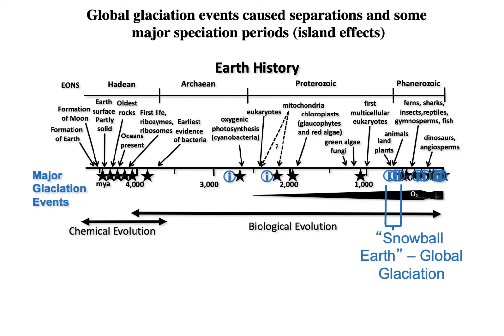So from time to time on Earth, there were times where things heated up globally, global warming events, and there were also times when the entire Earth cooled to a point where during the Snowball Earth, the ice covered the entire Earth, including the oceans, all the way to the equator and from pole to pole.